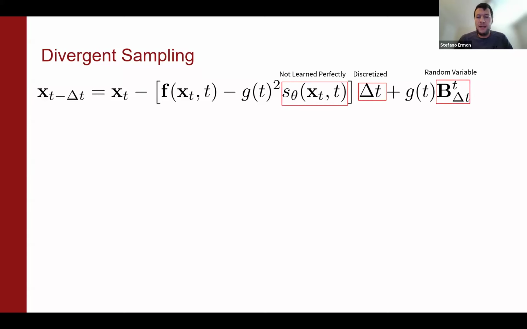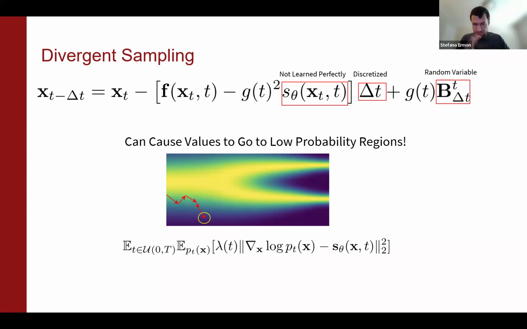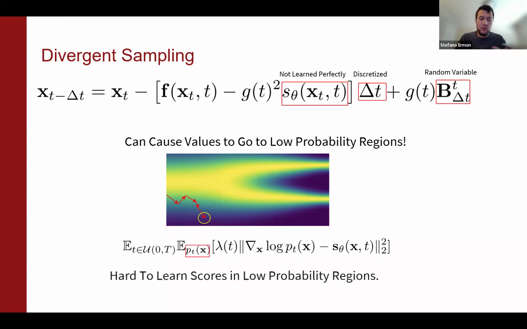Essentially, as you try to follow and reverse the sampling procedure, sometimes the trajectories will go to low probability regions where the score function is not going to be learned very well. And then this might take you to very weird parts of the data space where you don't have good information about how you should change your samples to go towards high probability regions, and the whole sampling procedure can diverge, generating really low quality samples.